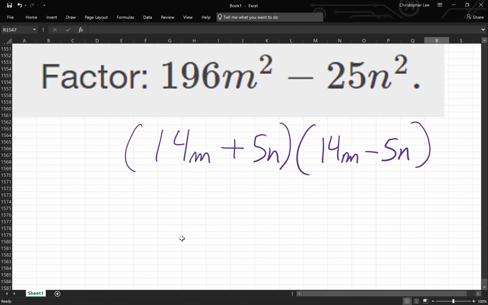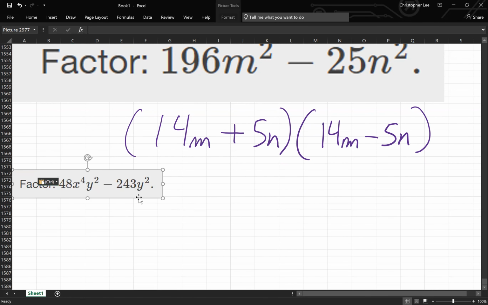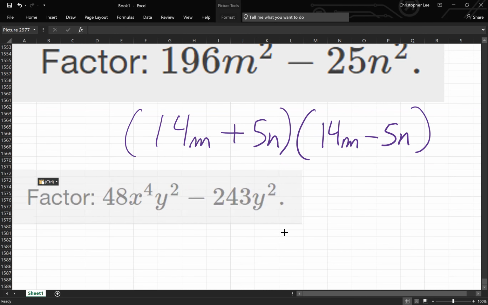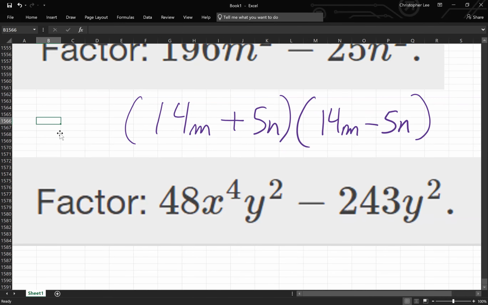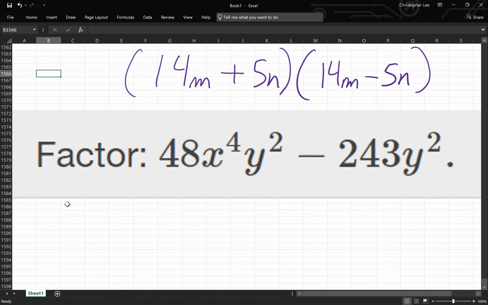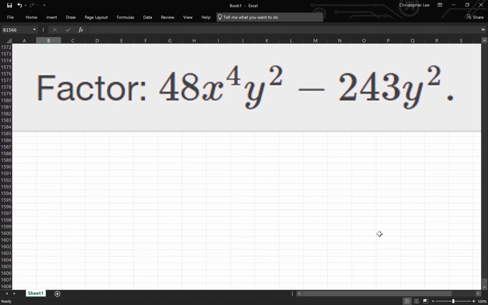All right, let's look at this one. Let me see who's paying attention today. What we do here just got real. What are we supposed to do first? Greatest common factor.